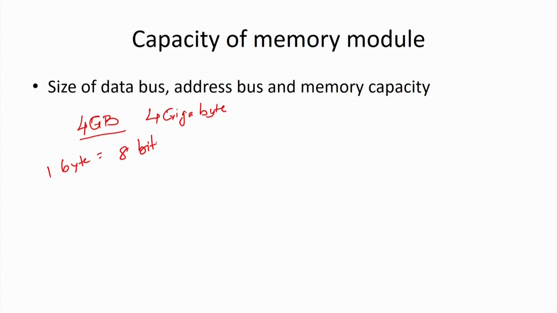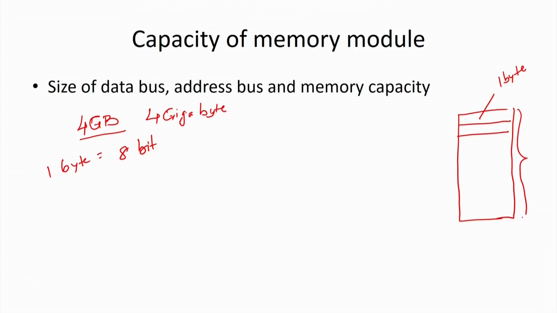So if we take 8 bits together, we generally call it 1 byte. So it has 4 gigabyte. That means in a simple case, I can think that it has 4 gigabyte, and I say that in every memory location I am going to store 1 byte of information. Then how many memory locations do we have over here? 4 giga memory locations.